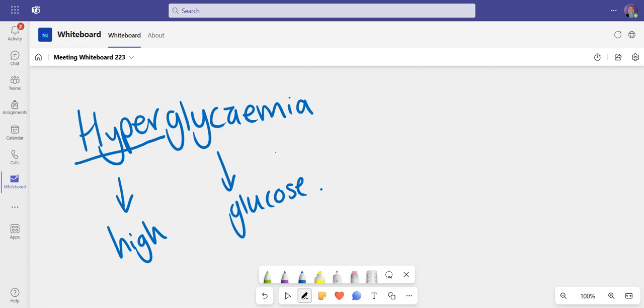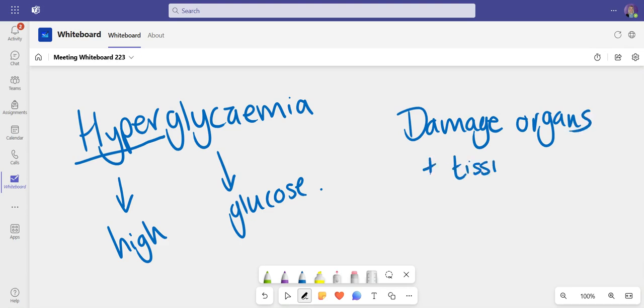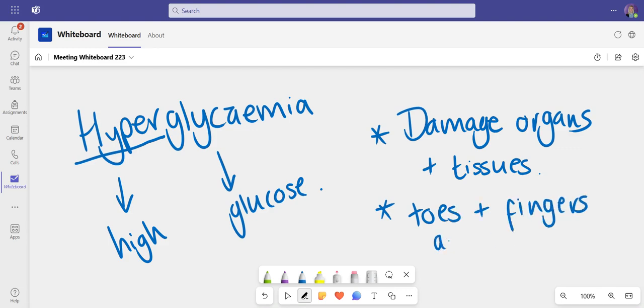And having high blood glucose levels over a long period of time can actually damage your organs and tissues. It can be really dangerous. Ultimately, long term, this is really tragic. It can actually lead to things like your toes and your fingers, which are your extremities, having to be amputated.